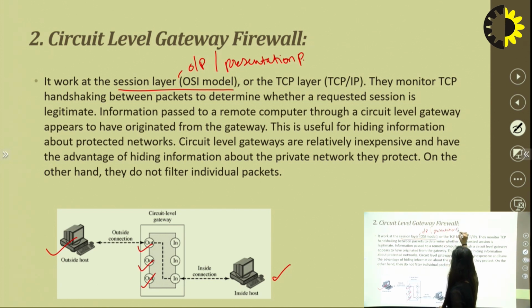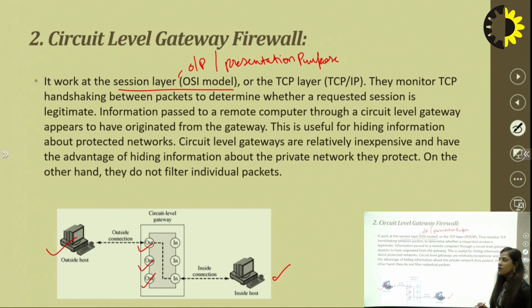So that's why we are using the circuit level gateway over the presentation layer or the session layer. This monitors the TCP handshaking between the packets to determine whether the requested session is legitimate or not.